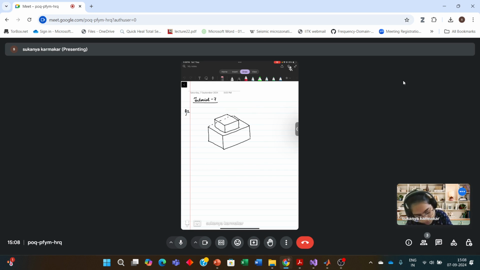The sides of these blocks are 2a and 2a, and you have a force F naught acting on the top.